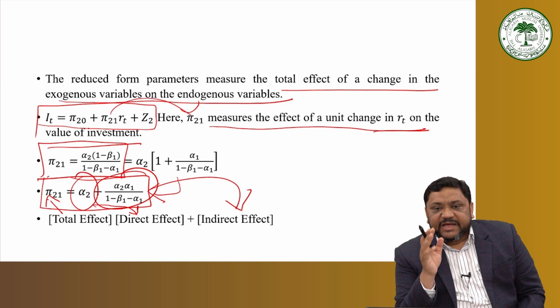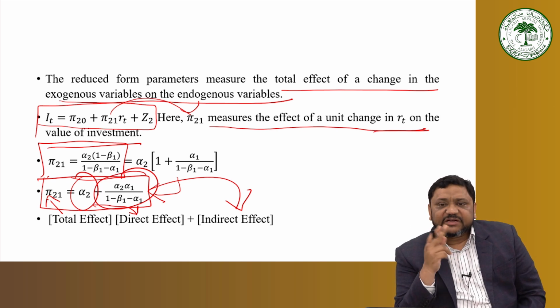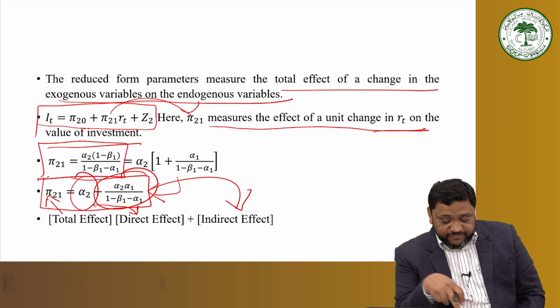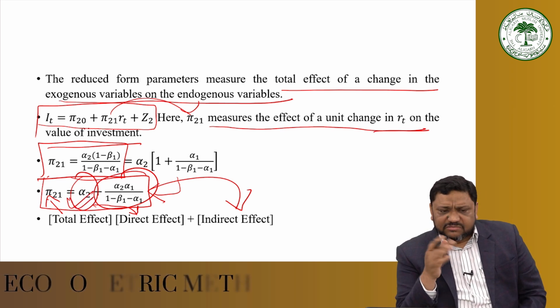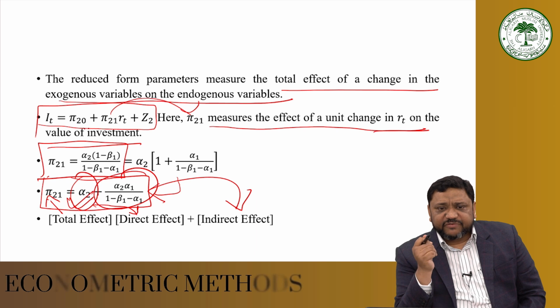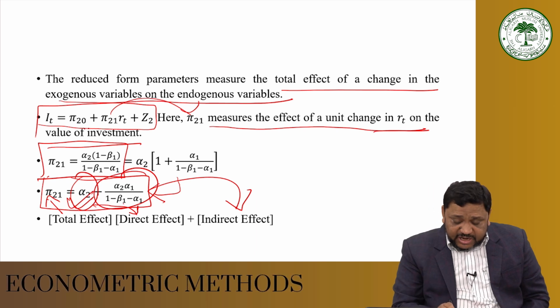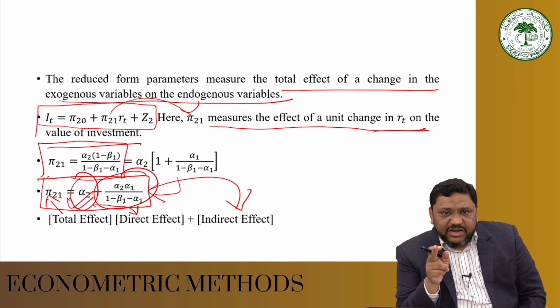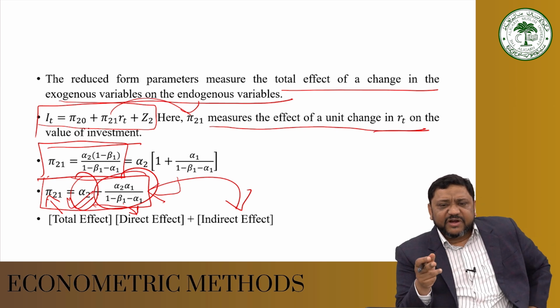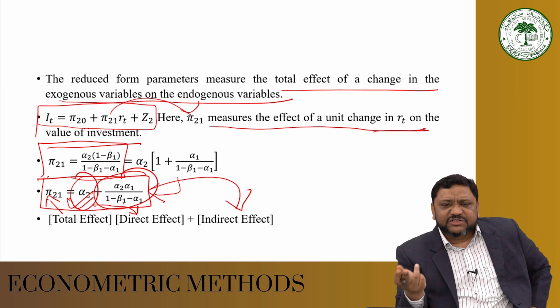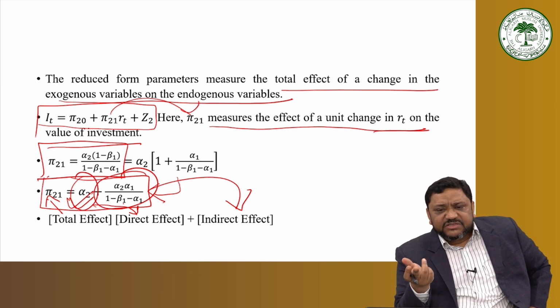So basically the effect consists of two parts. First, the direct effect on investment through the coefficient alpha 2, as you are getting it from the structural equation itself. And there is an additional effect due to the fact that as R increases or decreases, it affects investment, and investment affects income, which in turn affects investment.